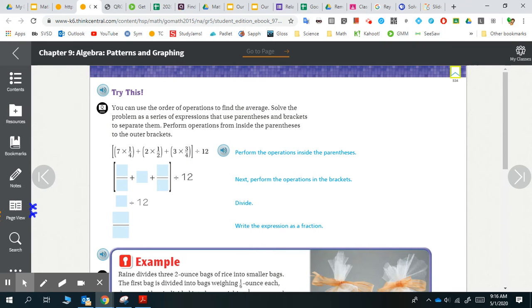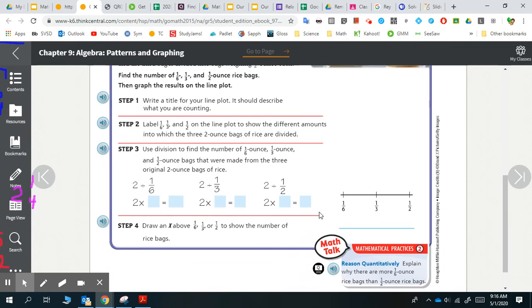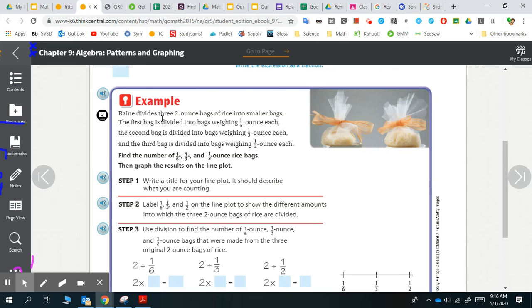So, on the next page, just for another quick example, they're looking at bagging up some rice into smaller bags. So if Rain has 3 2-ounce bags of rice, and he wants to divide 3 2-ounce bags of rice into smaller bags, the first bag is divided into 1/6.